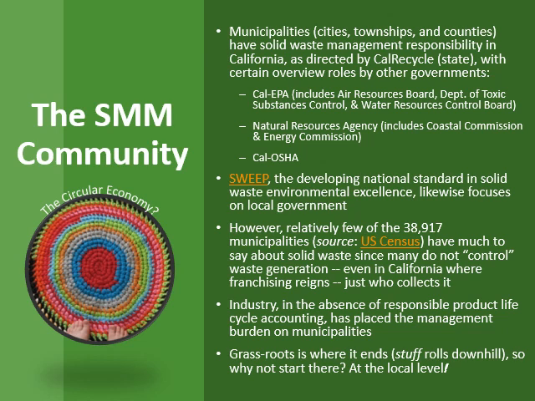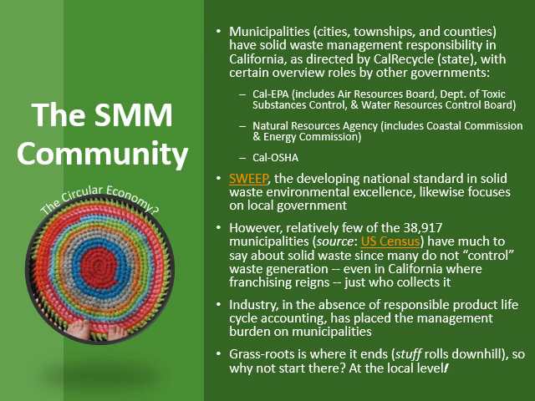have ostensibly very specific roles. Sometimes it's in permitting, sometimes it's in the management of particular substances, like DTSC, the Department of Toxic Substances Control, which has jurisdiction over toxic substances. There's also the Natural Resources Agency, which includes the Coastal Commission and the Energy Commission.